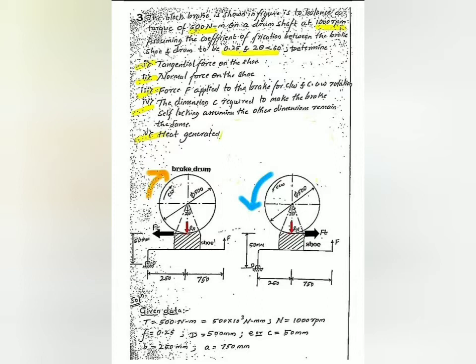The brake drum is rotating at 1000 rpm, that is capital N, the coefficient of friction small f is 0.25, and the brake drum diameter is 500 mm. The eccentricity E or C is 50 mm, as shown in the figure, and the distance B equals 250 mm and A equals 750 mm in both the cases.